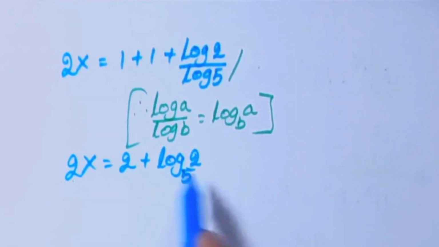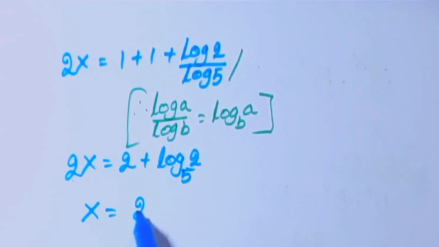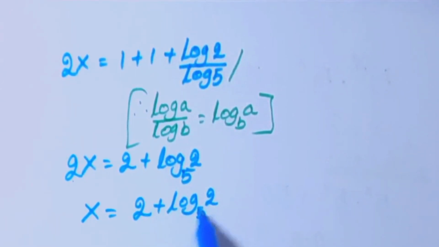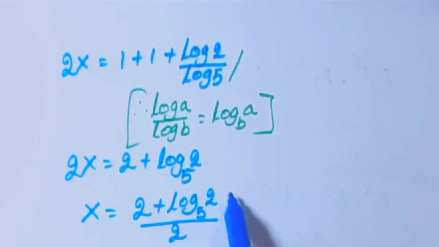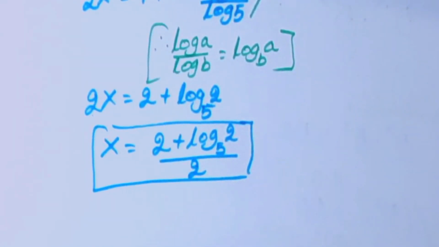This 2 we are moving to the right hand side. So we'll get x equal to (2 plus log 2 base 5) by 2. This is the x. Now we are going to verify this with the equation.